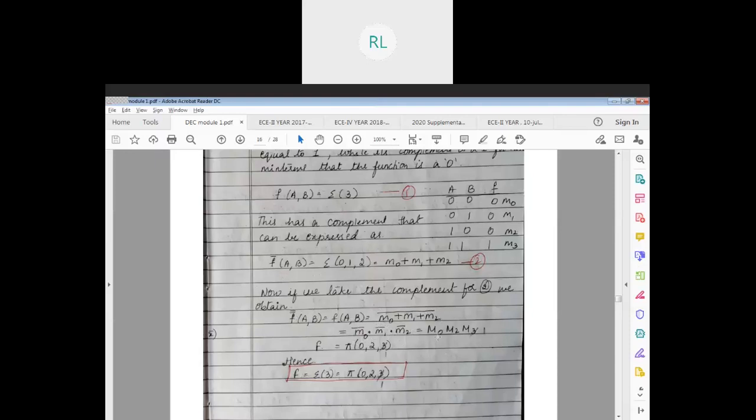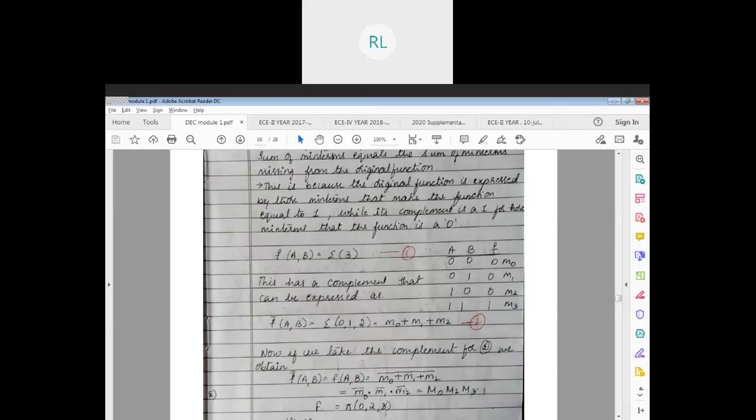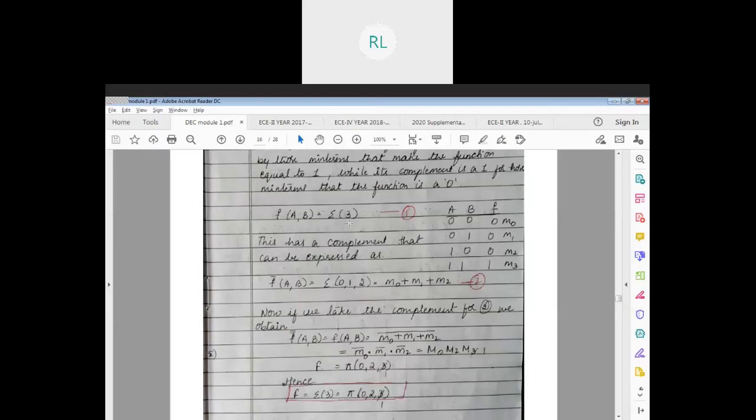I can even rearrange them as 0, 1 and 2, or I can just write it as 0, 2, 1. I would suggest that you always try to put it in ascending form. And here we go, your summation has turned into pi. So it becomes 0, 1, 2.